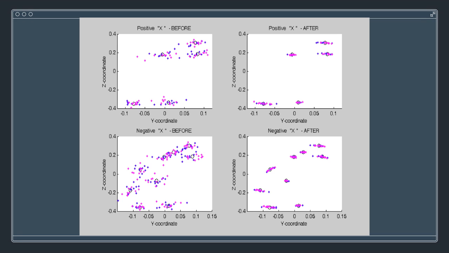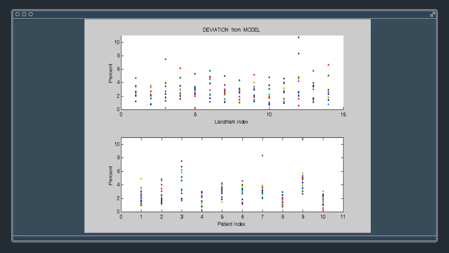Finally, you'll see an example showing departures from the deformation model. At the top, those deviations are shown for all male patients at each landmark. At the bottom, the same information is regrouped to show all landmark deviations of each male patient. Departures at landmark number 12 are unusually large for patient number 7 and especially number 9.